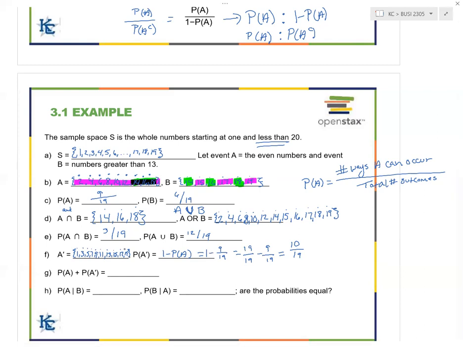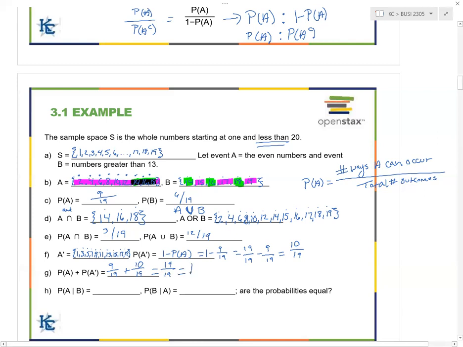So what's the probability of A plus the probability of A complement? The probability of A we found was 9 over 19, plus the probability of A complement is 10 over 19, which equals 19 over 19, which equals 1. And that makes perfect sense, right?